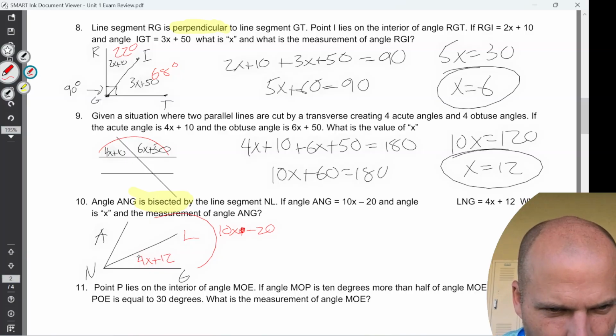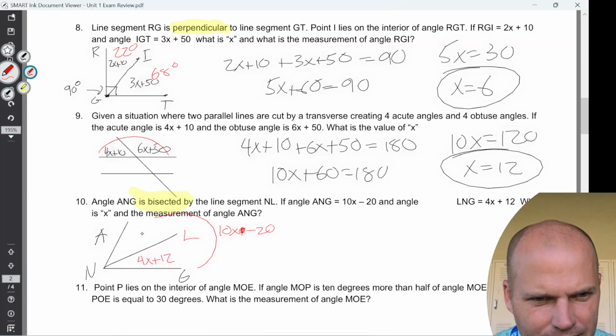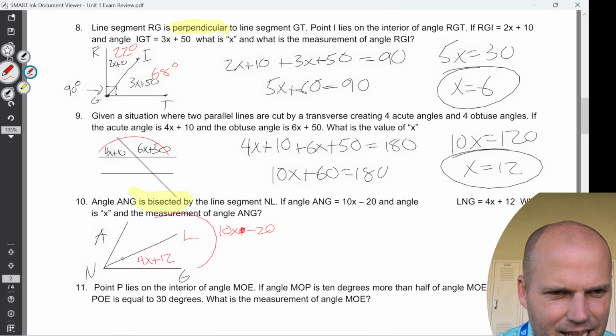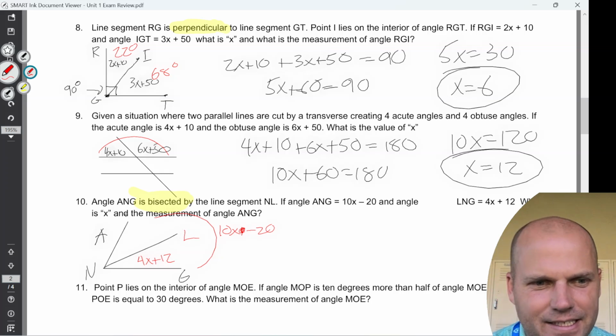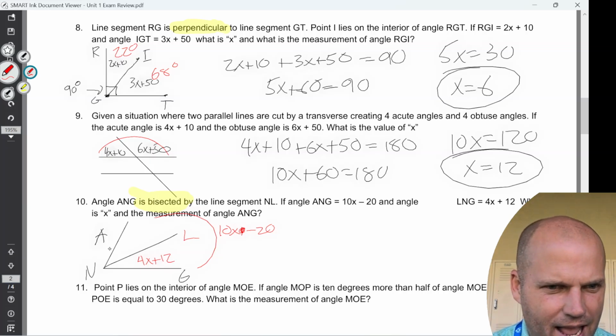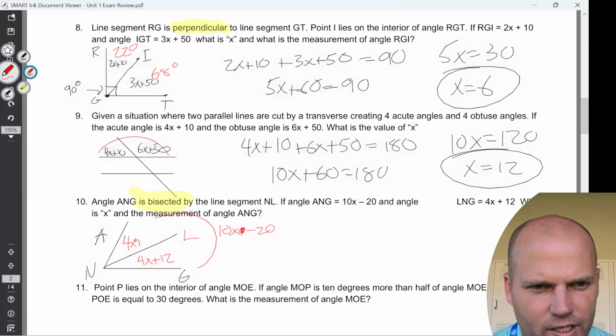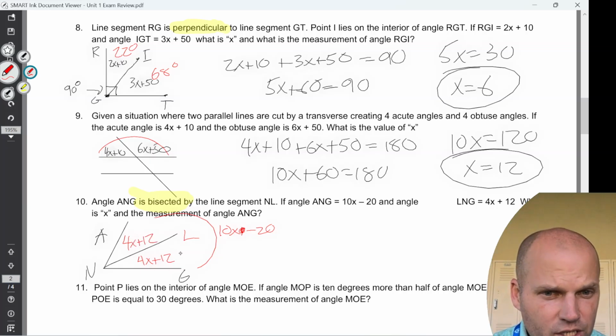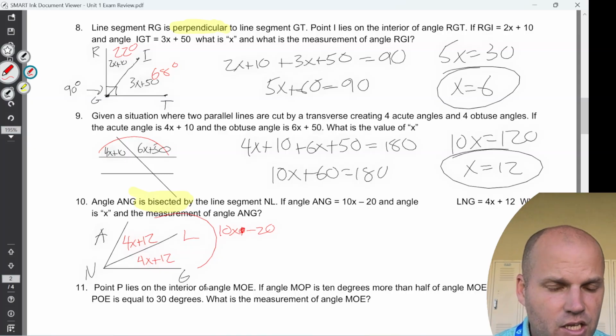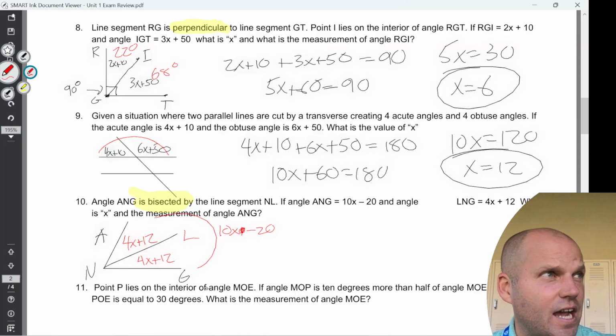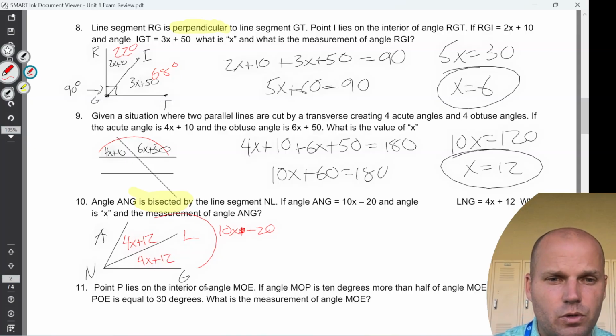Okay, here we go. Since NL is bisecting ANG, ANL is equal to LNG, so ANL is 4x plus 12. You could say that LNG is actually half of the entire angle, so LNG would be 5x minus 10.